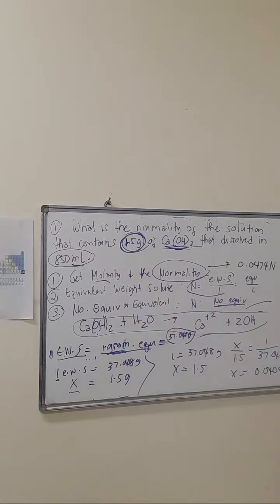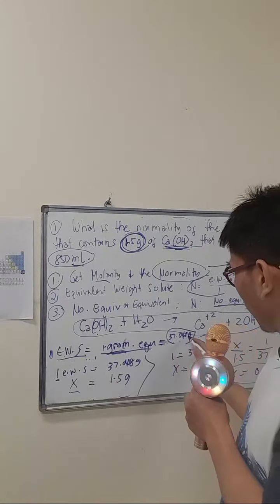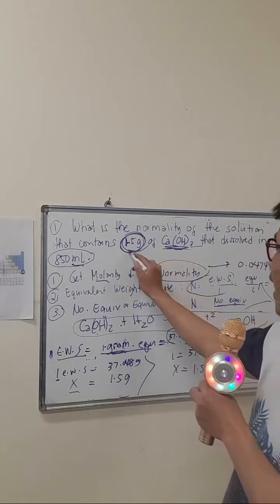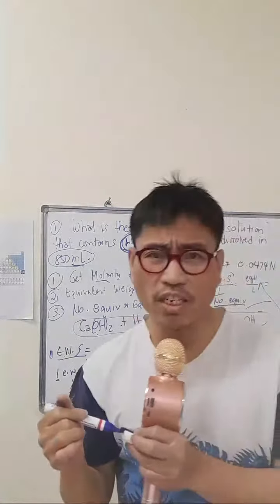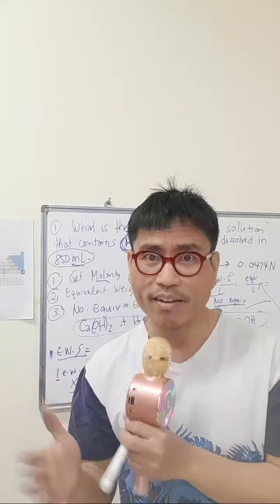0.0404. And this is our gram equivalent weight of solute, which we will substitute in our formula of normality. Not the 37.048, because we still have the grams data in our original question. We should use that.